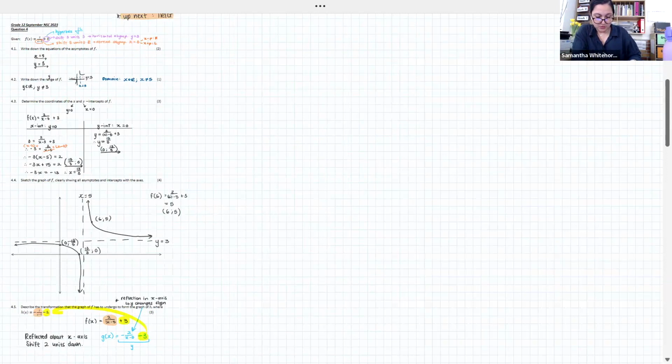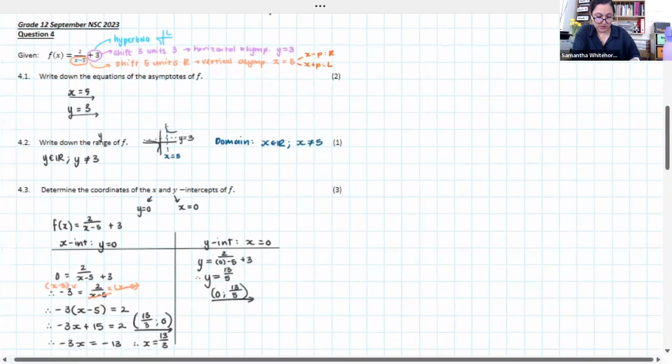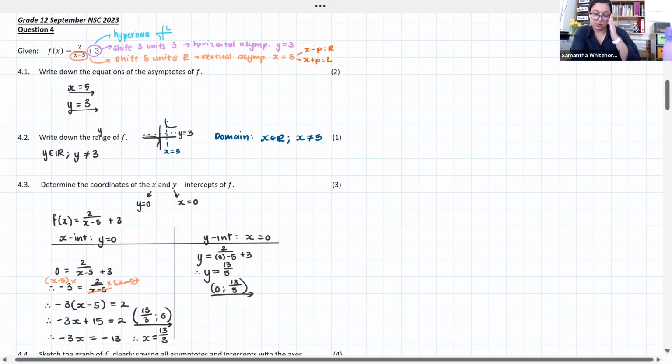I think that might be a bit small, so I'm going to do the first 3 questions if you want to take a screenshot, and then I'll scroll down.